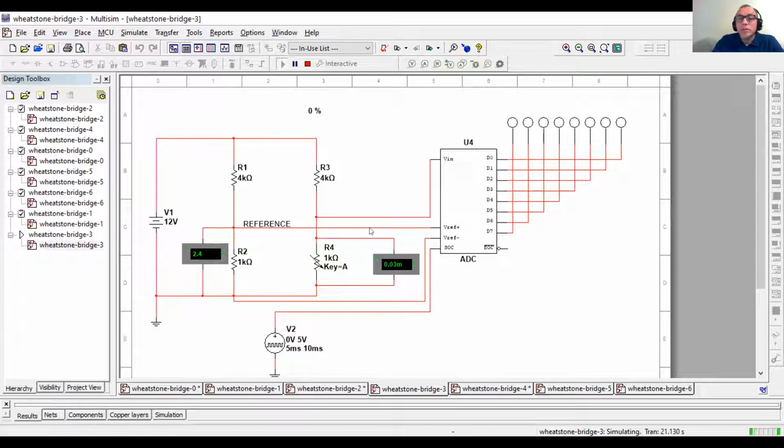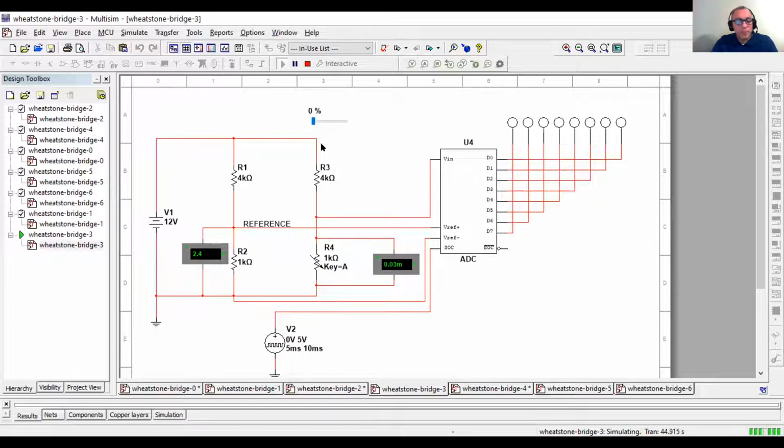An analog digital converter has a reference voltage, so we're going to use VA as our reference, and then VIN between 0 and the reference voltage will be represented by 256 levels of binary numbers. So if we start at 0, we have 0 volts here, our binary number is 0.